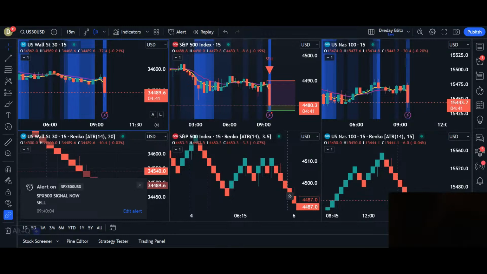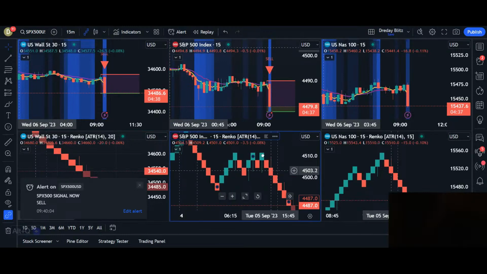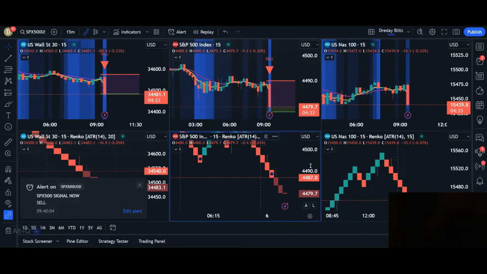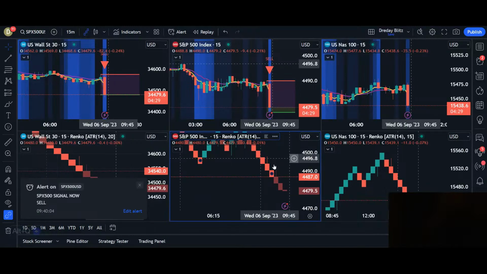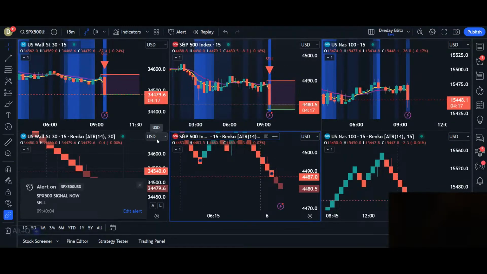It's confirming that it's going in the same direction. So S&P 500 and US30 are showing us the same direction here, going down.